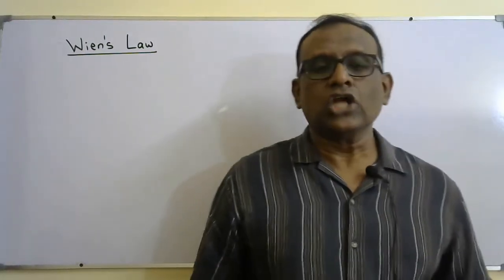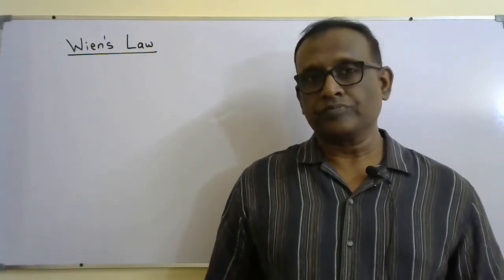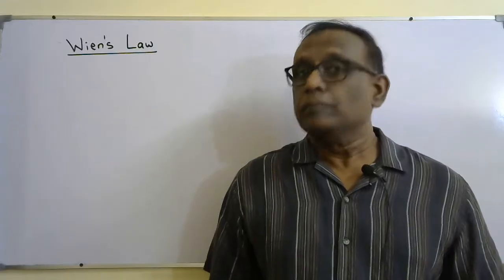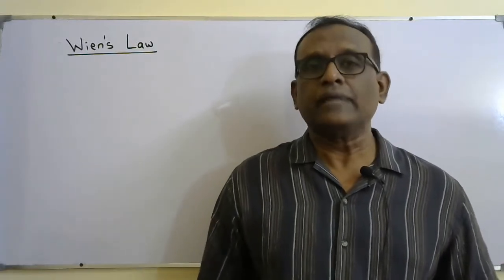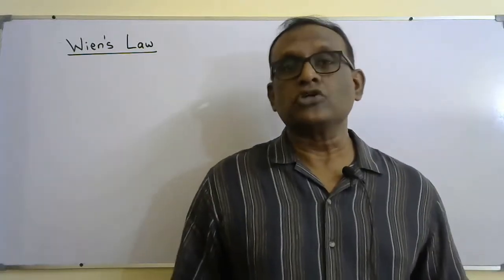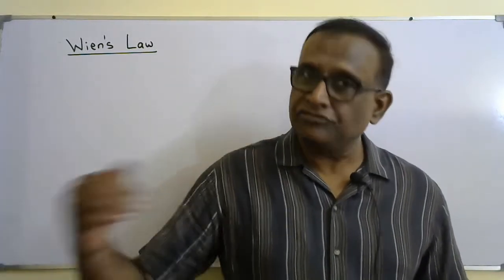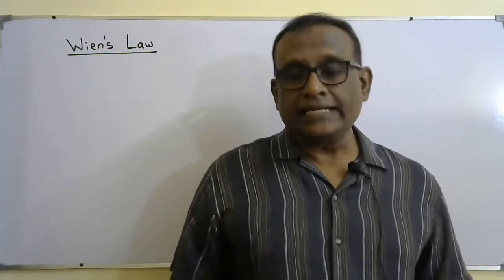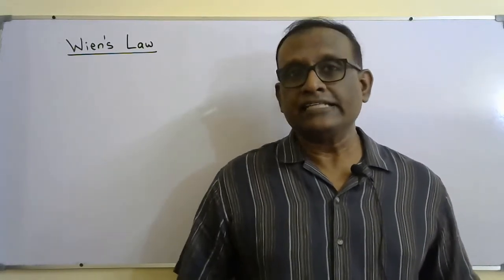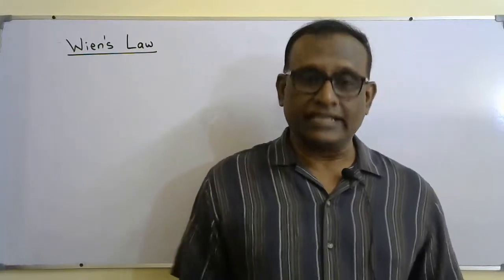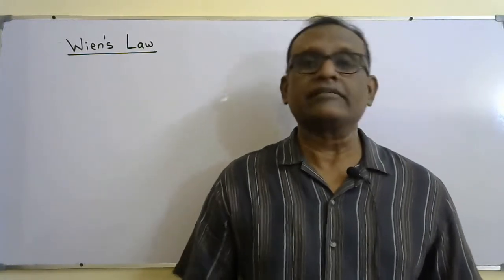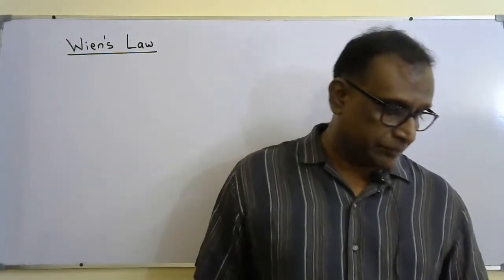Okay, so the next law is Wien's law. Wien's law is also related to black body radiation. I told that a black body is an object or system that absorbs all the electromagnetic radiation falling on it. Then it should emit electromagnetic radiation with a range of wavelengths, and the emitted wavelength should be related to the temperature.